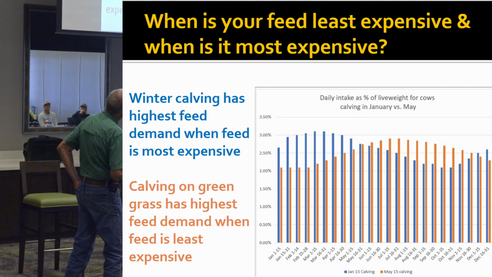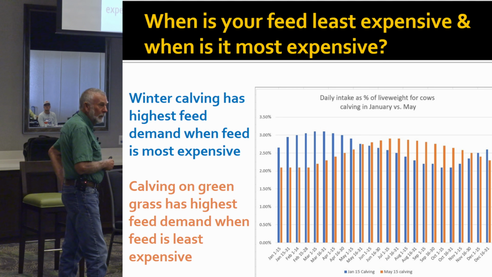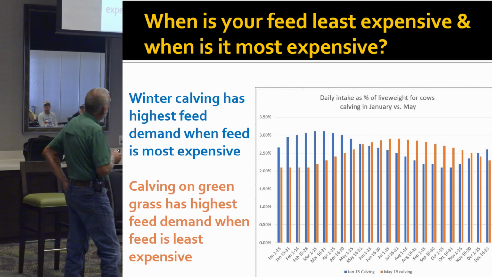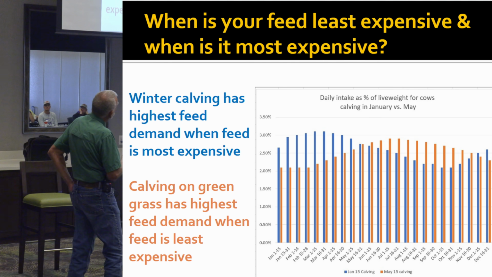We look at the May 15th calving, and she's a mid-gestation, non-lactating cow through these winter months. And so we have our lowest demand occurring when we are at our lowest feed supply position. And then she's going to peak. If the calf's May 15th, the peak's going to be there in late June and July when we have ample forage supply.